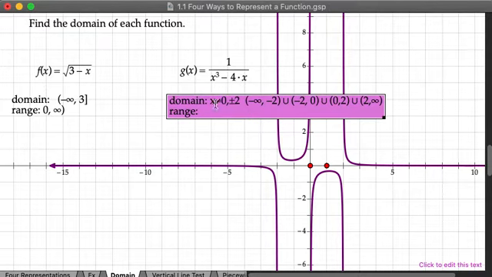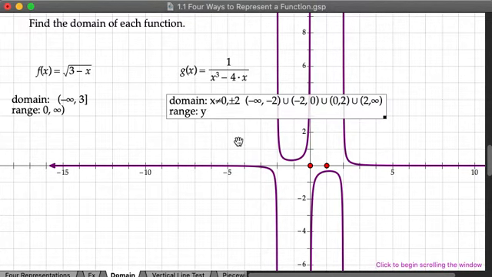So I'm going to take the graph as my clue that I can get every other y coordinate. So y is not equal to 0, which is everything from -infinity to 0, union 0 to infinity.